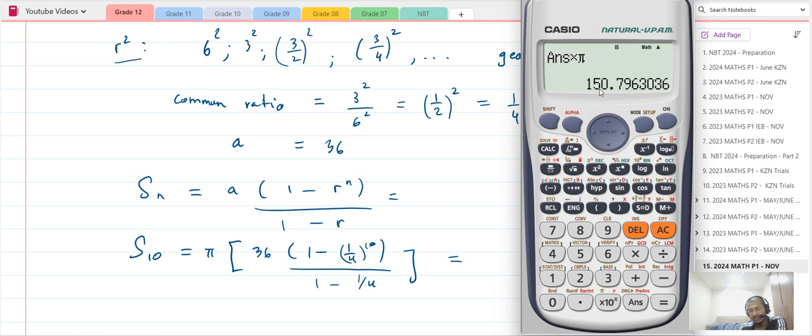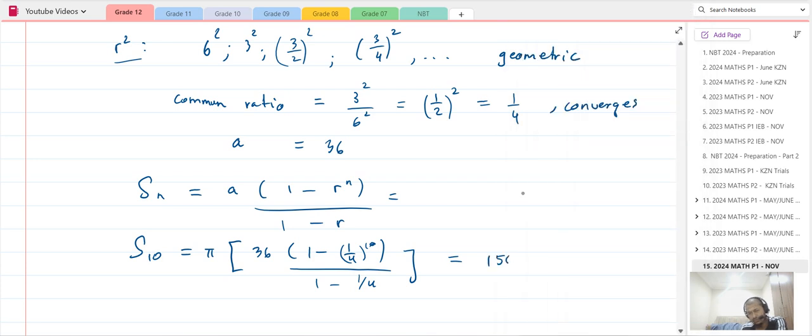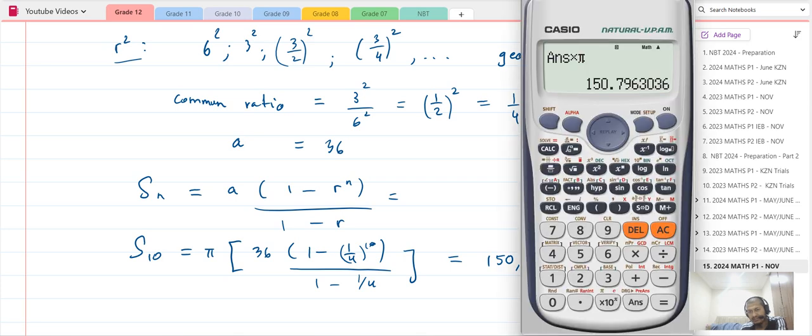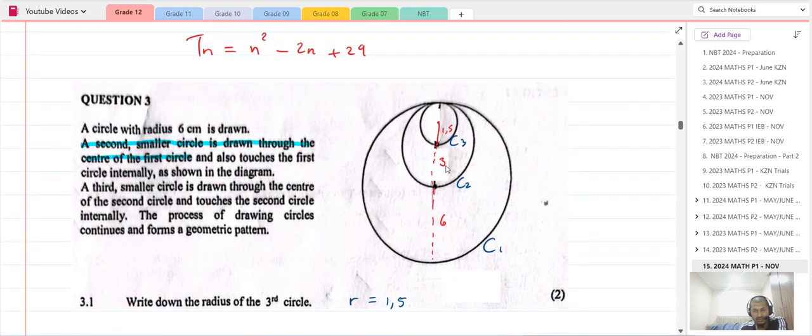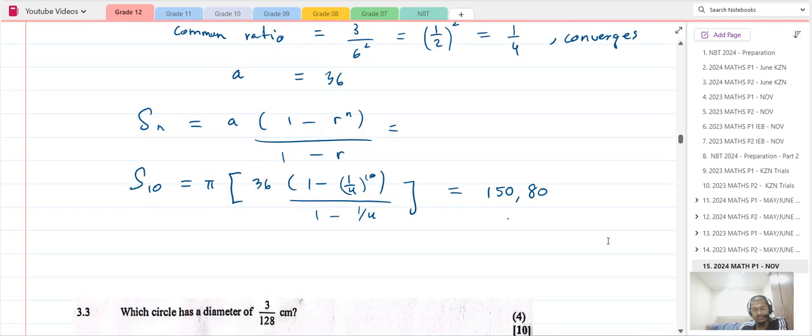I'm getting an answer of 150.796, so 150.80, what units? It was 6 centimeters, so centimeters squared.